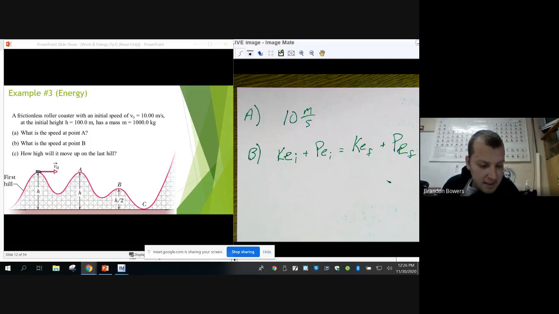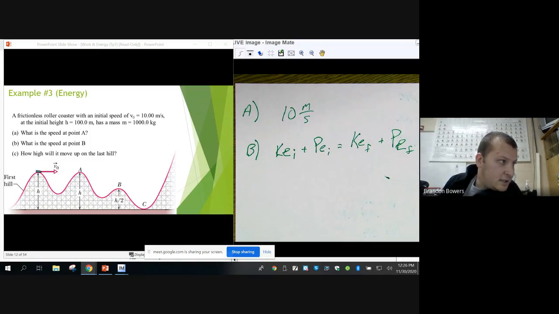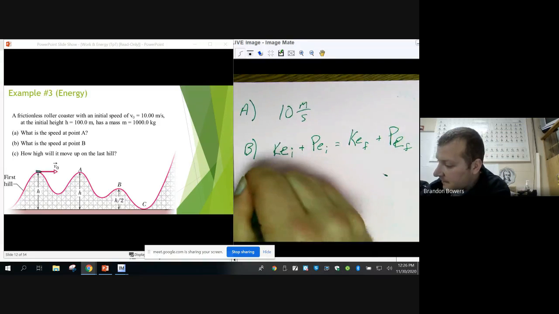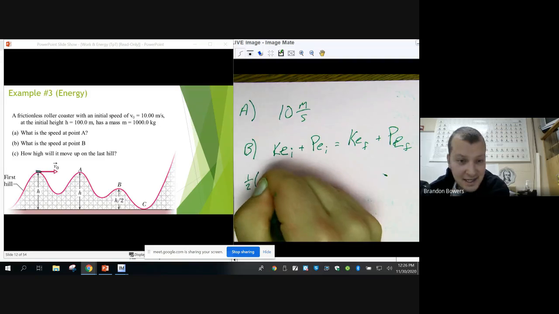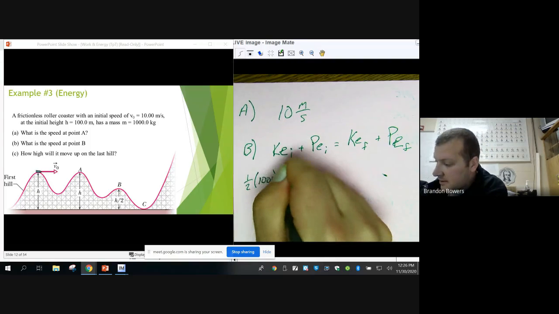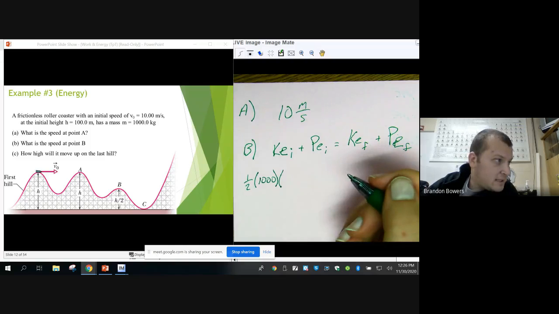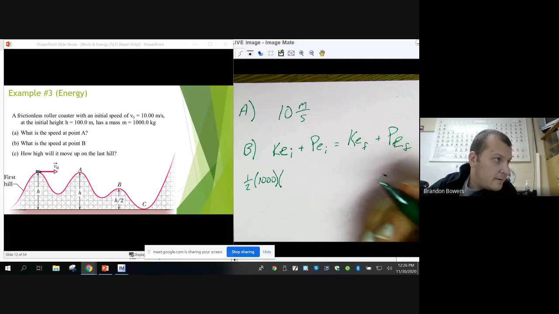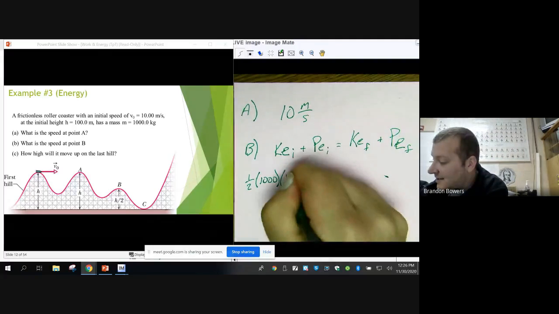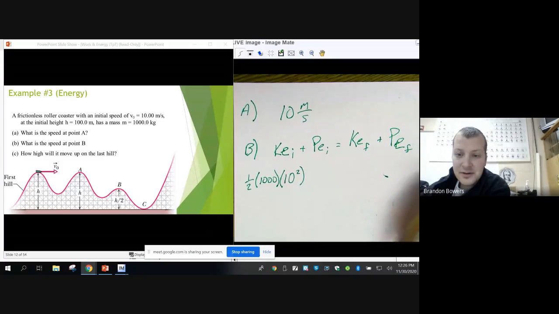So kinetic energy is half the mass, so the mass in this case is 1,000, times velocity squared, which at the initial, my velocity was 10 meters per second, right?